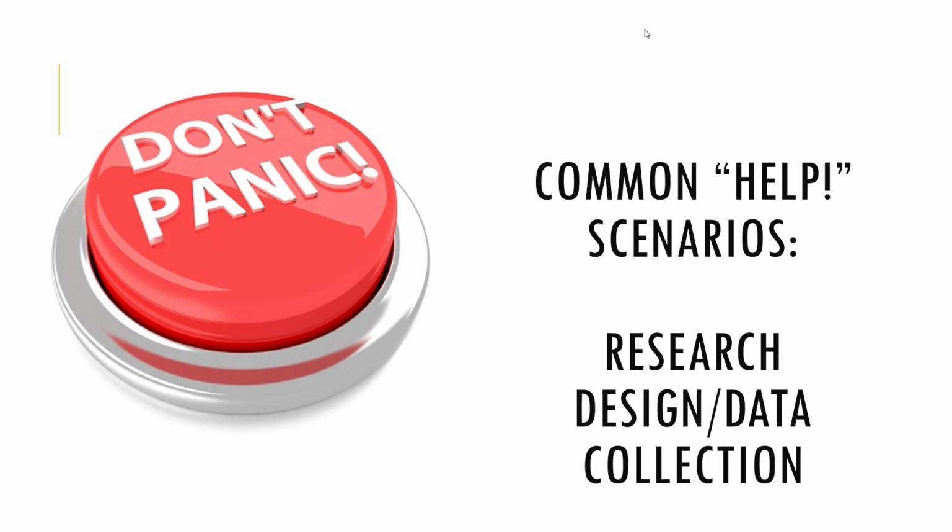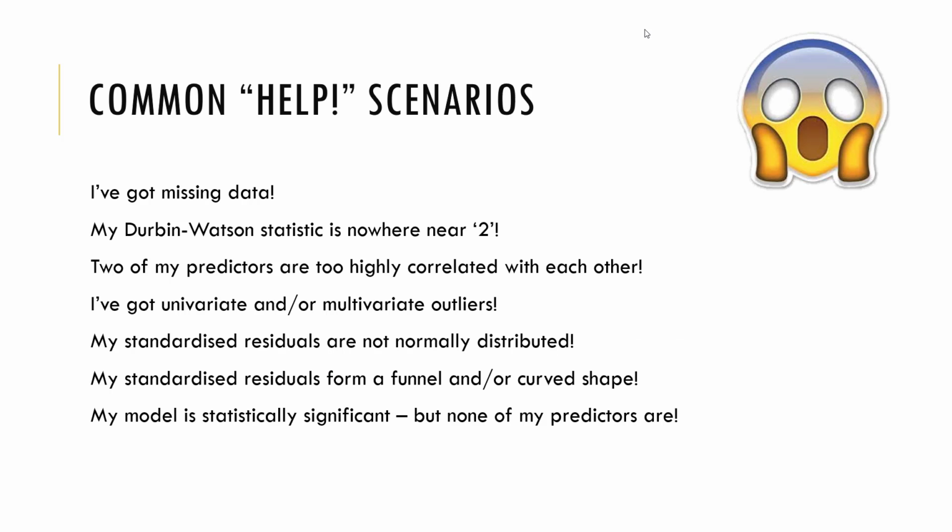Okay, so with the first couple, you've got missing data, and your Durbin-Watson statistic is nowhere near 2. Now, Andy Field suggests that it's problematic if you have a Durbin-Watson statistic that's either less than 1 or greater than 3. It can only ever go between 0 and 4. So if it's within the bounds of 1 to 3, you're probably okay.